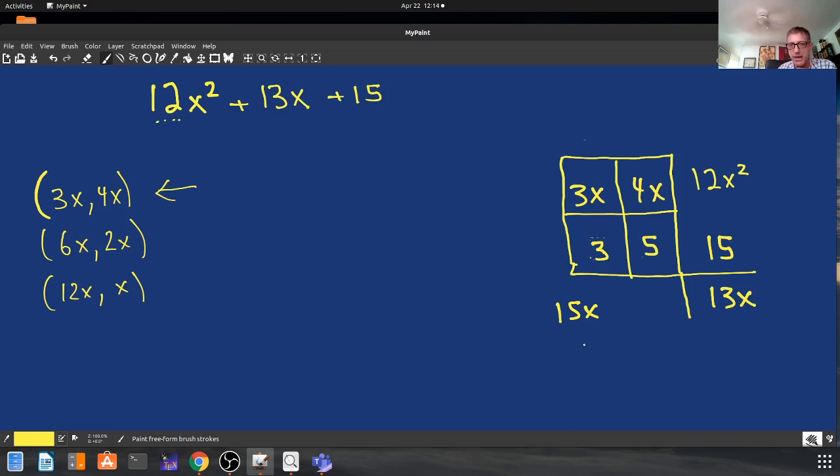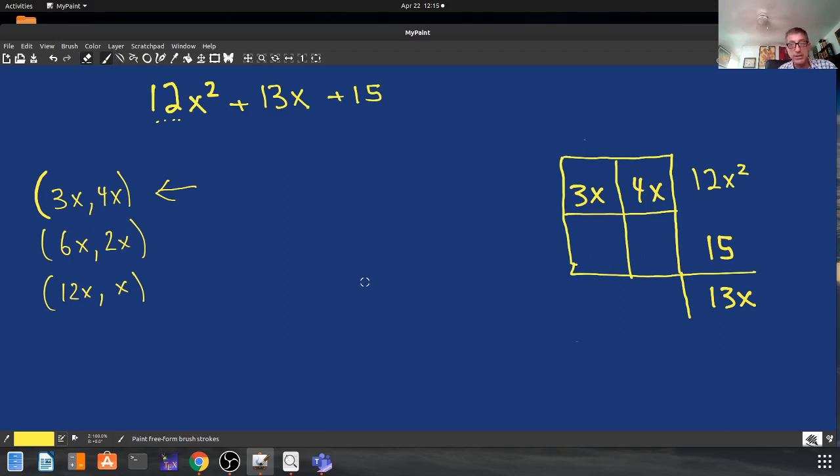So this would be 9x here and this would be 20x, and that's certainly not 13x. Well, what else can I choose for factors of 15?